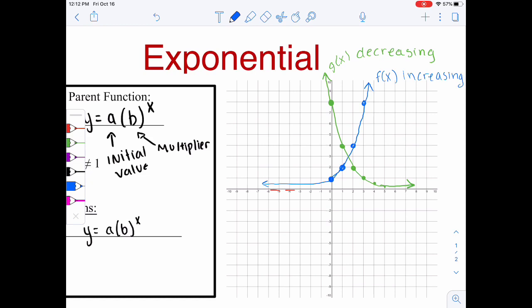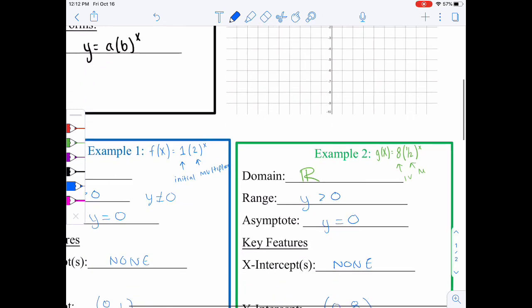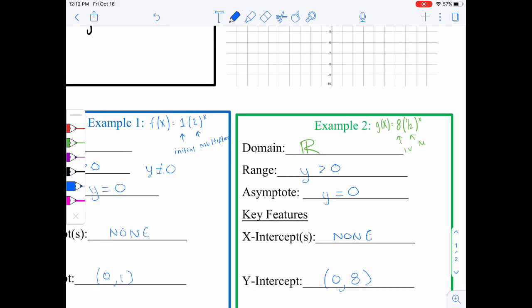You can tell if a function is increasing or decreasing by just looking at the multiplier. A multiplier greater than 1 means increasing. A multiplier less than 1 means it will be decreasing.